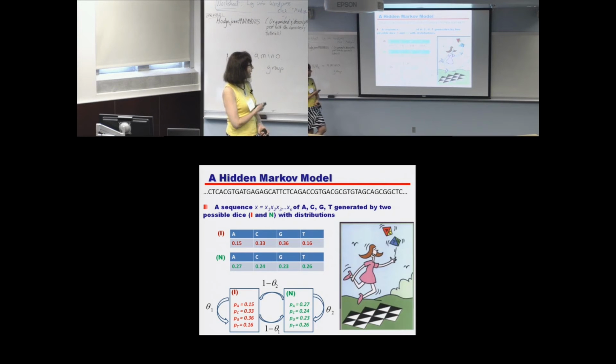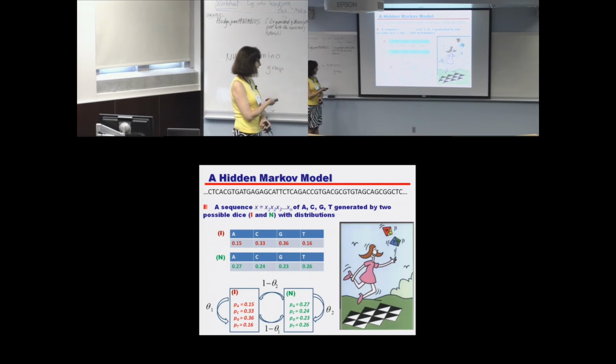And so you have actually a distribution of island and non-island frequencies based on some actual data. So this was taken from annotated DNA, and so those numbers are not made up. They come from some real data. And this is how that works.